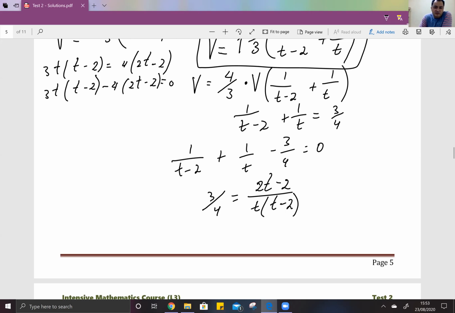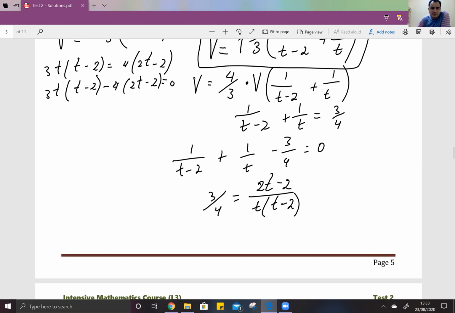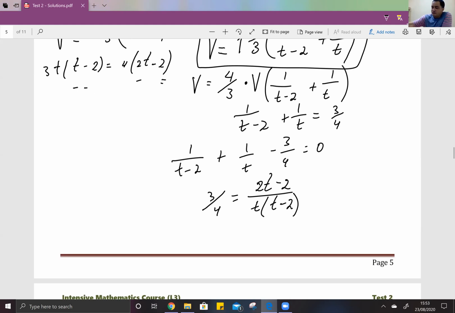While you are taking it to the left-hand side, why don't you expand this? Right, 3T squared minus 6T, so that you don't have to. Minus what? Minus 8T. Expand and take it to the left-hand side. Okay, minus 8T plus 8.